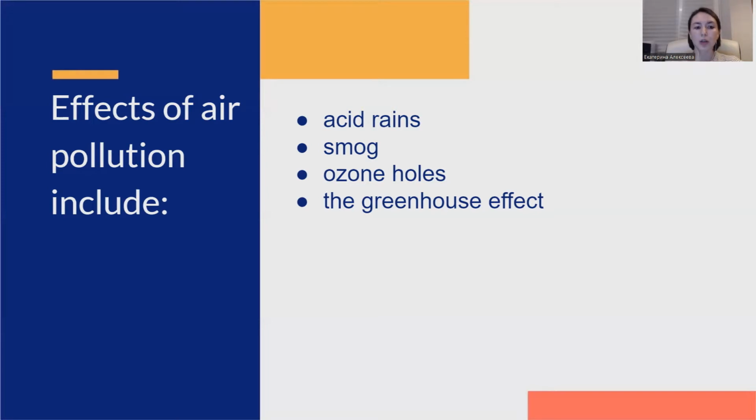And the last one, the greenhouse effect. Actually, it is a natural process, and it happens in the atmosphere of the planet. It can cause an increase in the temperature of the planet. It is like a blanket on our planet. The effect is caused by atmospheric gases called greenhouse gases, like water vapor, carbon dioxide, methane, and others.